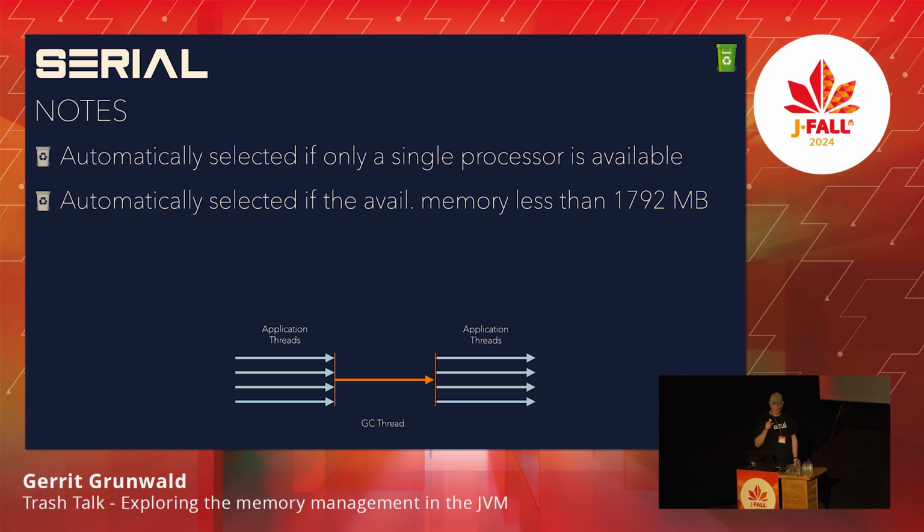So if you stumble upon problems with small nodes and you think, why do we have this garbage collection process, right? Because usually it should be G1. Then probably maybe you don't have enough memory or you just have one CPU. Then you get this garbage collector, the serial one. And the diagram just shows how it works. So it's application threads, we stop the world, one garbage collection thread, and continue, okay?